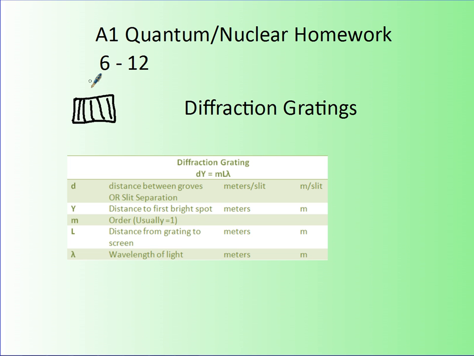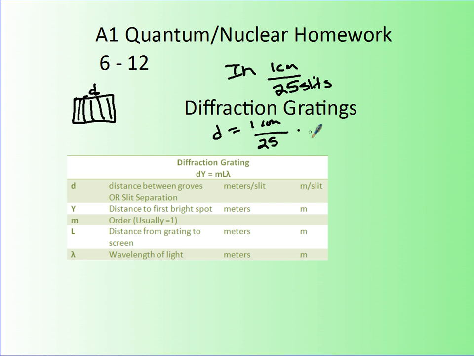We're going to call D the distance between grooves, or slit separation. Usually I'll tell you that in 1 centimeter there are 25 slits. So you're going to have to find D, the distance, which is 1 centimeter divided by 25 slits.